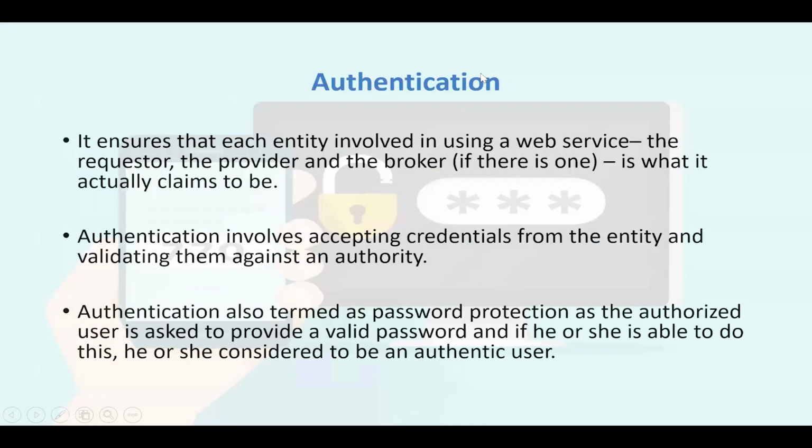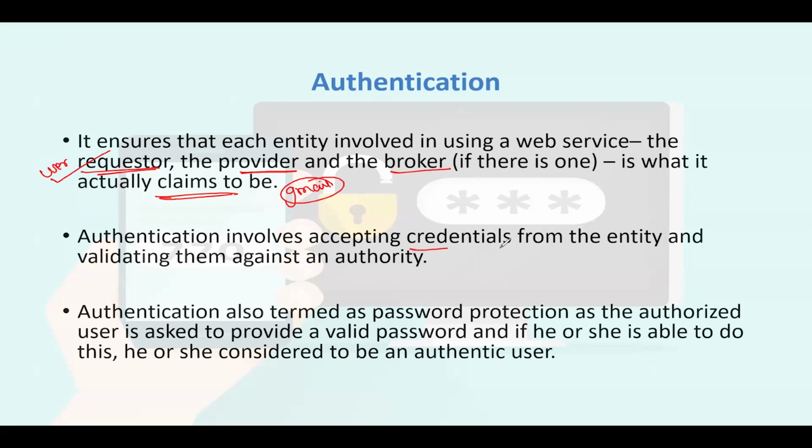Next comes authentication. It ensures that each entity involved in using a web service, the requester, or the user we can call, and the provider, which in our example, the user was you and the provider was Gmail, and the broker, if there is one, is what it actually claims to be. So Gmail does authentication to check whether you are the correct person.